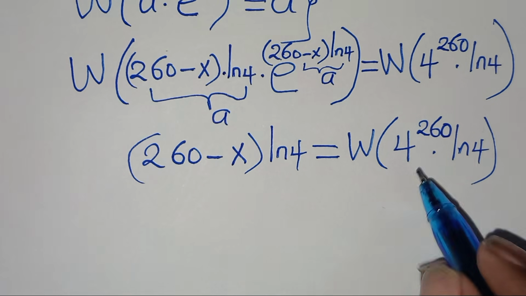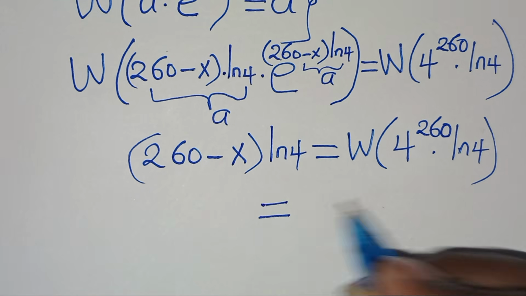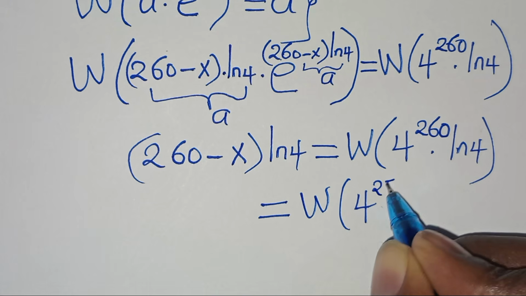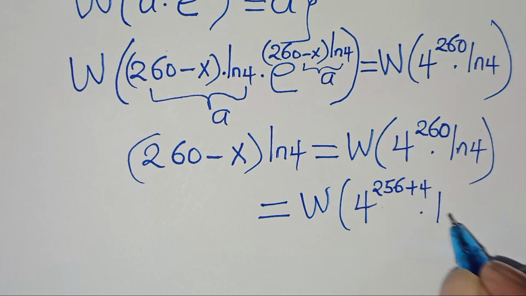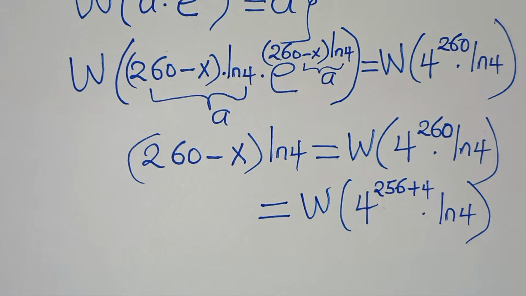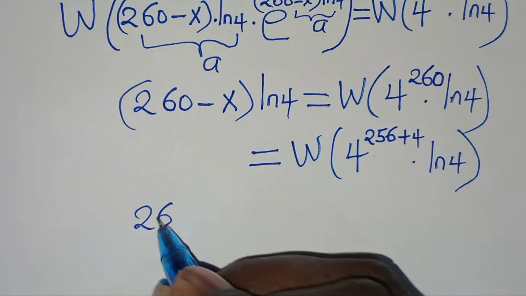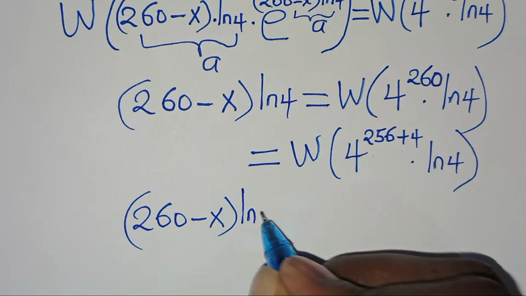Now, we can express 4 raised to the power of 260. This is the same thing as 4 raised to the power of 256 plus 4. Now, we have 260 minus x multiplied by ln of 4.